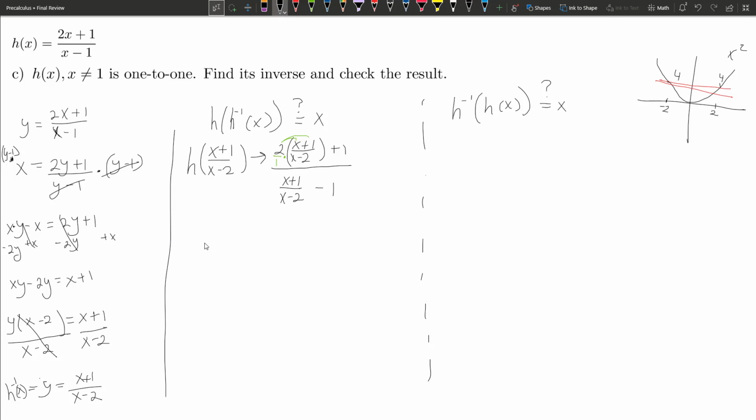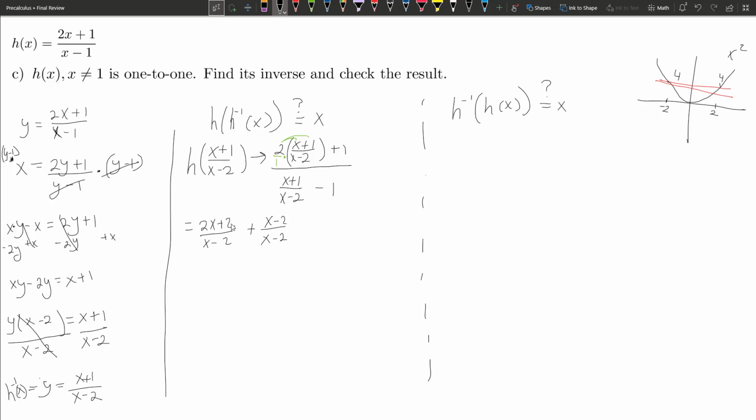All right, so let's do that. So that's 2x plus 2. All I did was I took that 2, multiplied it by that x, took that 2, multiplied it by that 1. All of that is over x minus 2. And because I want to get everything having that x minus 2 denominator, I'm going to rewrite that 1 as x minus 2 over x minus 2.